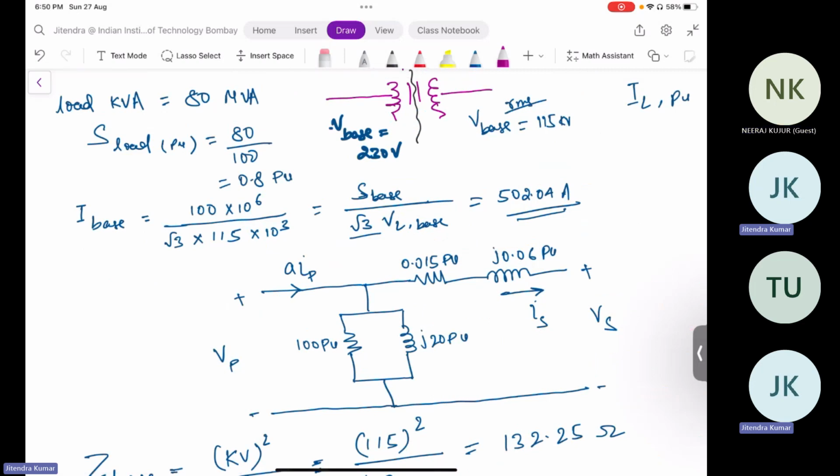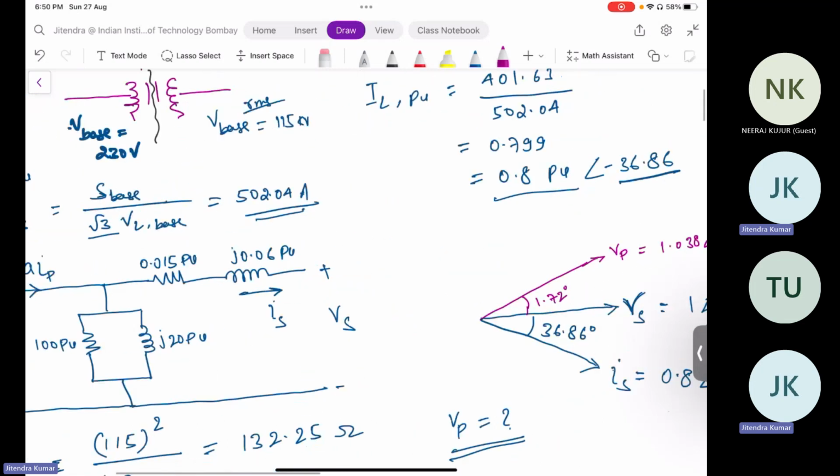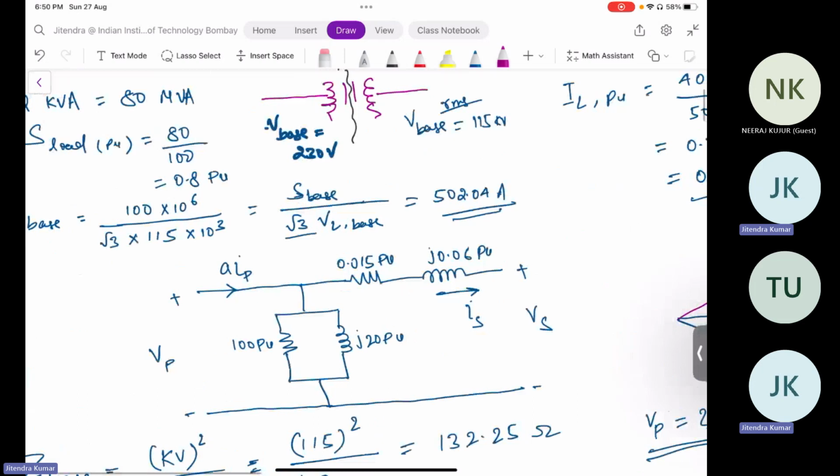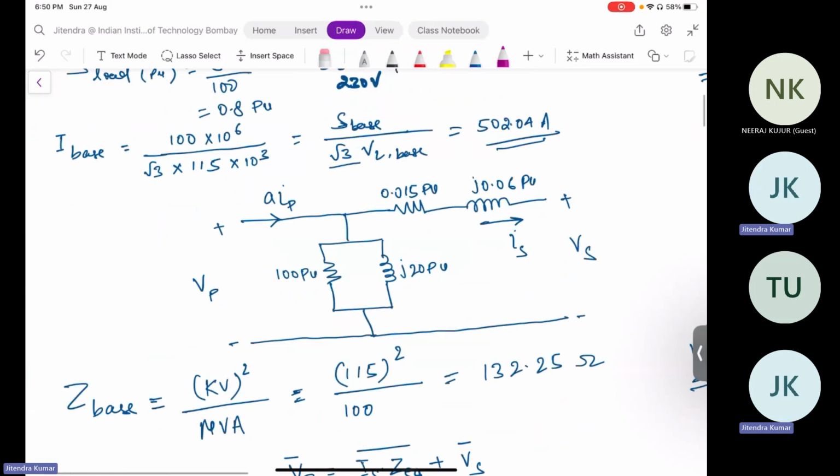Now we want to convert everything to actual values. That's our whole task for part C. So let us do that. We have already computed the Z base here, 132.25.